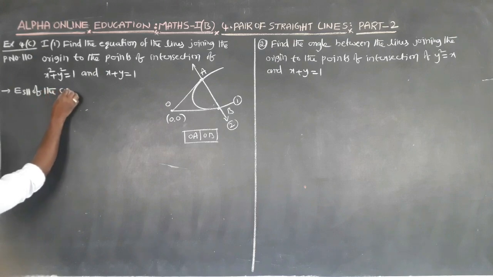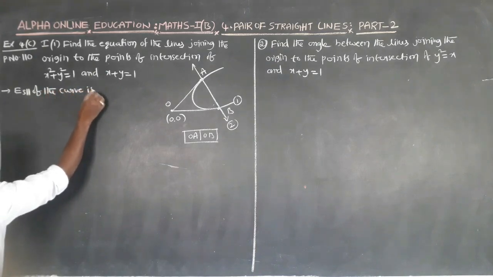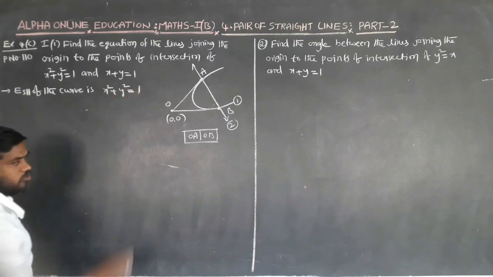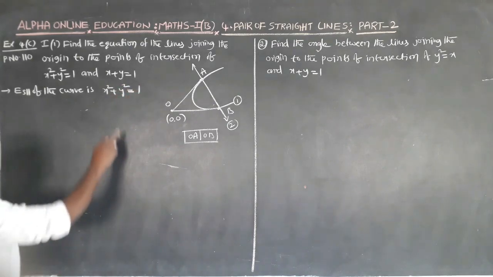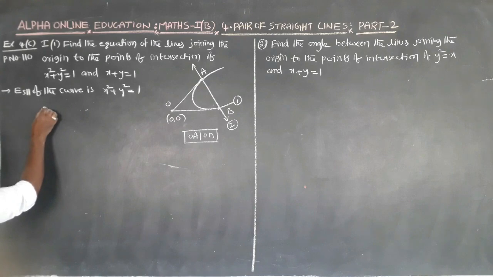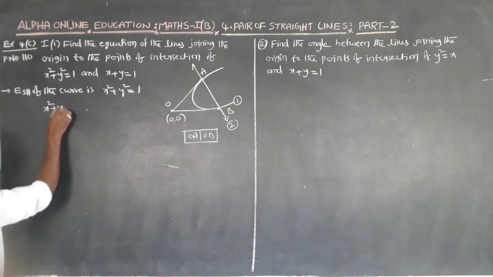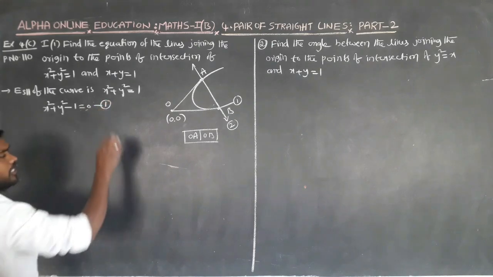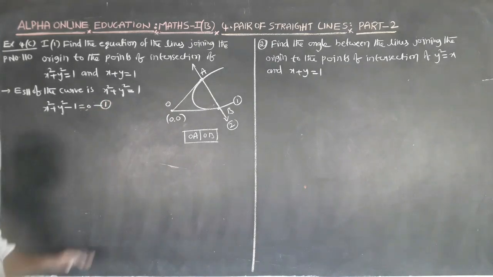The equation of the curve is x square plus y square is equal to 1. It can be written in the form x square plus y square minus 1 is equal to 0. This is the equation of the curve.